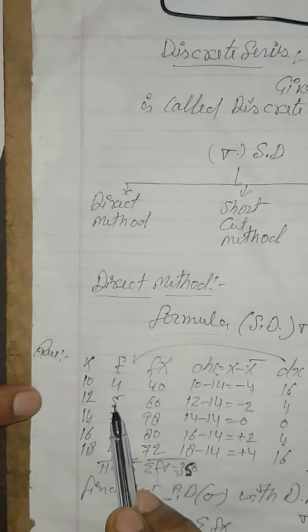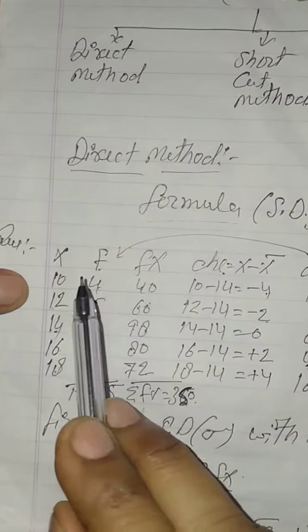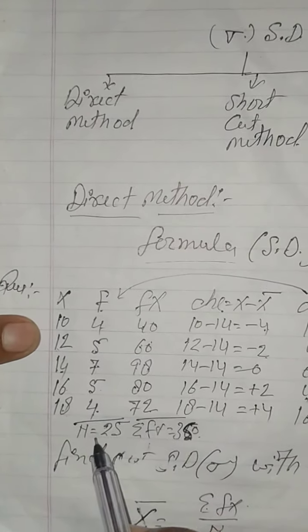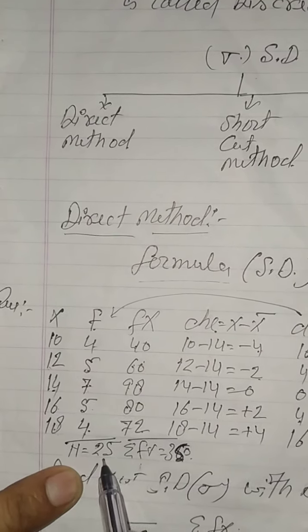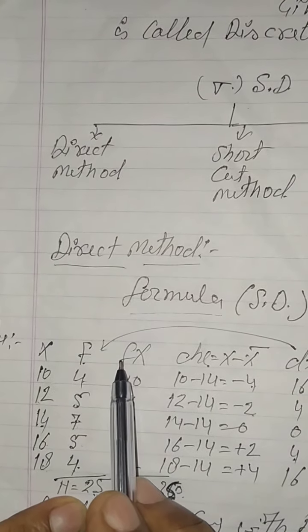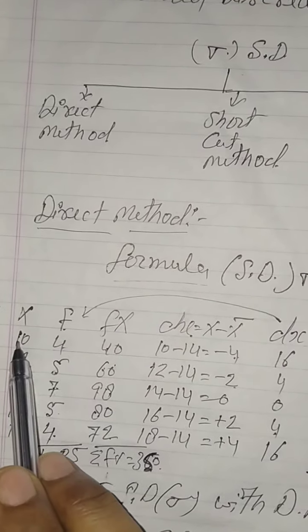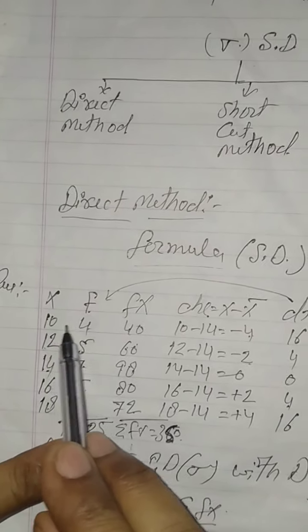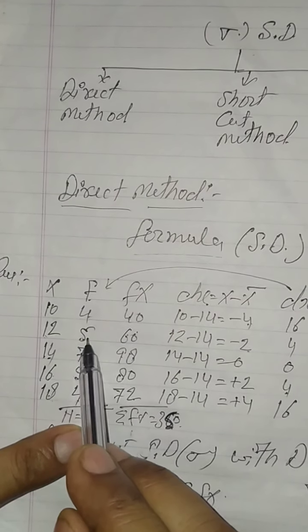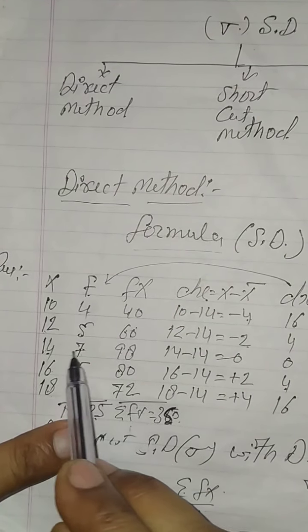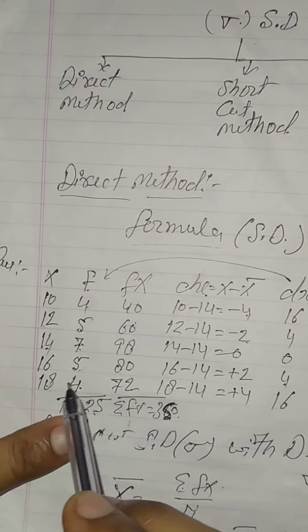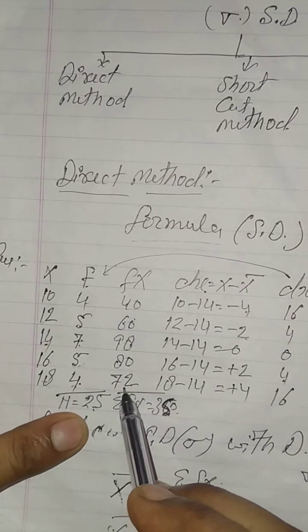That's your item and frequency given. First of all, we add all the frequencies: that's your n, 25. After that, find fx, frequency multiplied with item: 10 times 4 is 40, 12 times 5 is 60, 14 times 7 is 98, 16 times 5 is 80, 18 times 4 is 72.